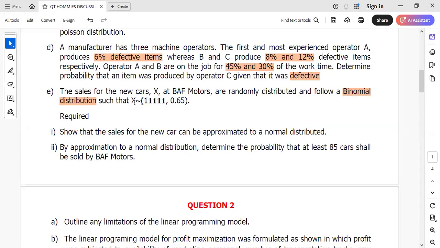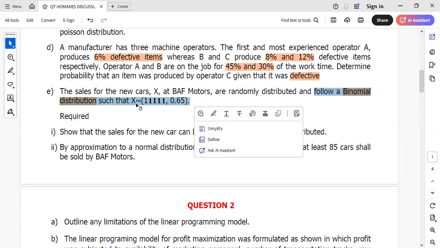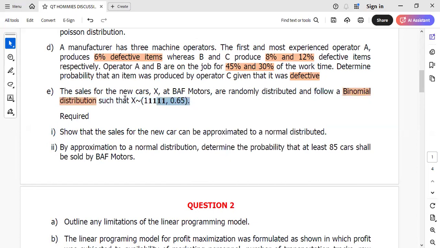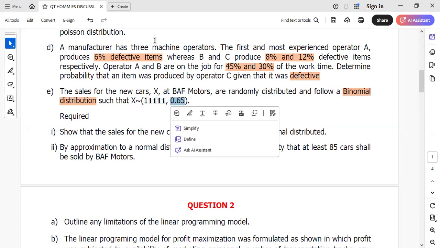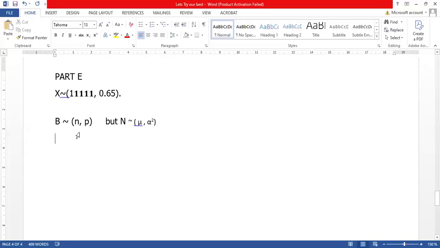Remember what we have is X. This follows a binomial distribution. So it means that what you have here is n, and what you have here is p. From our scenario, n is equal to what is that figure?